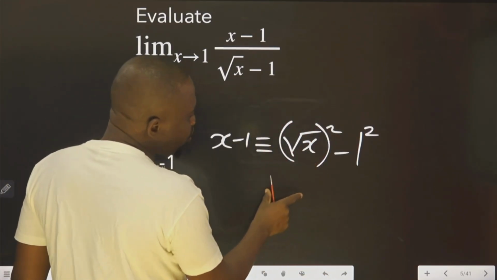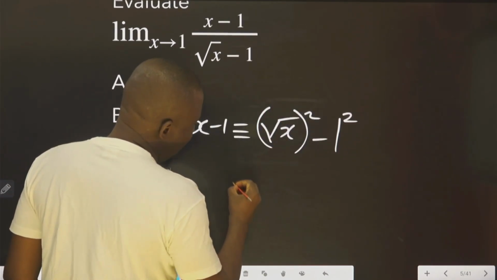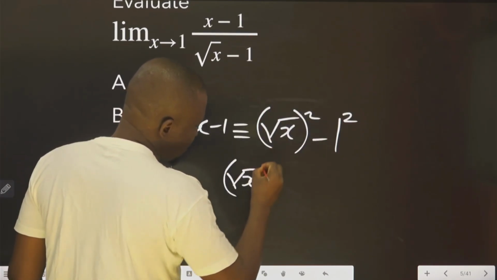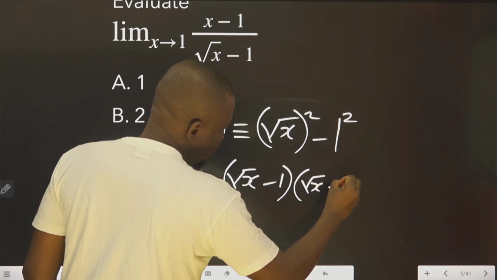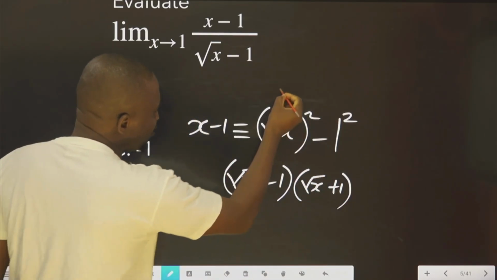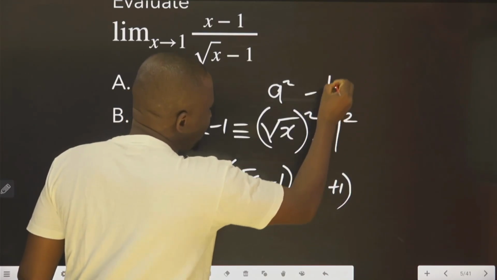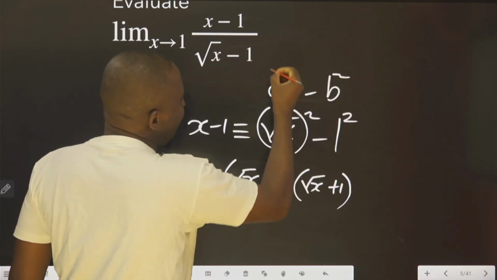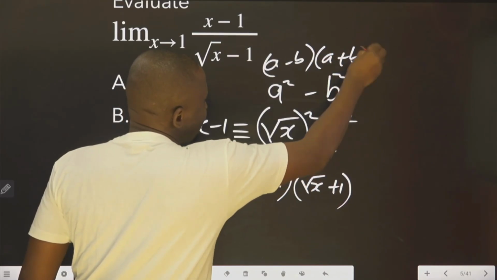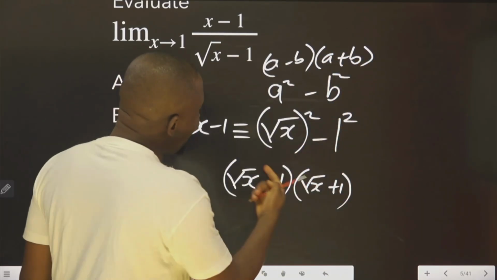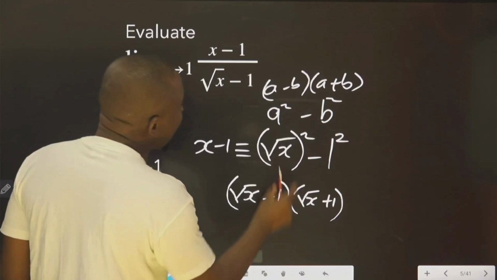If it is true, you agree with me, this now means which is equivalent to a squared minus b squared, which is equal to a minus b, a plus b. Okay?